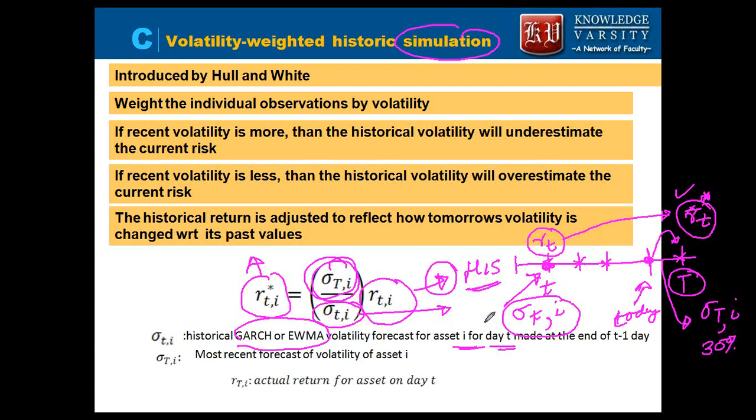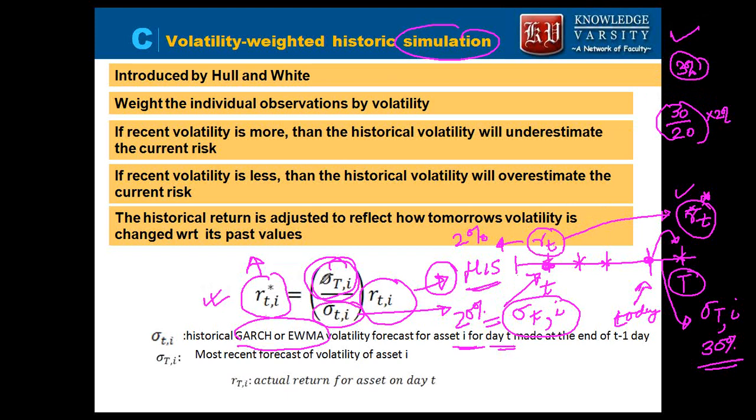That day the volatility was estimated to be 20%, and the return that day was 2%. The return was 2% considering 20% volatility, but the actual estimate now is 30%. So the return will be counted as 30 by 20 into 2%, which is 3%. This is how you incorporate it; negative and positive returns both would be changed.